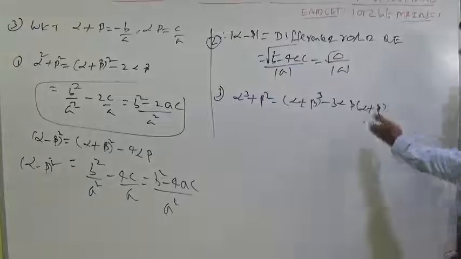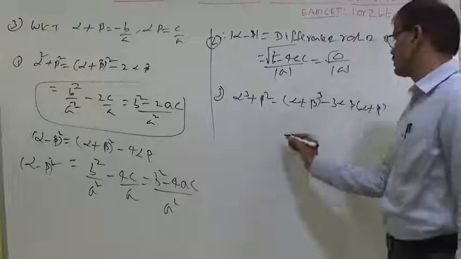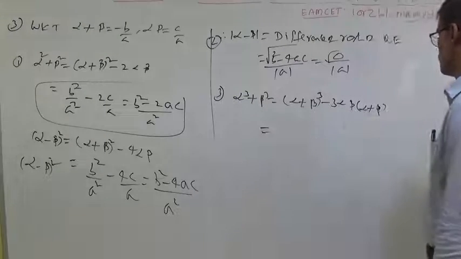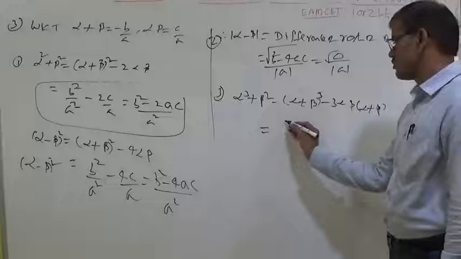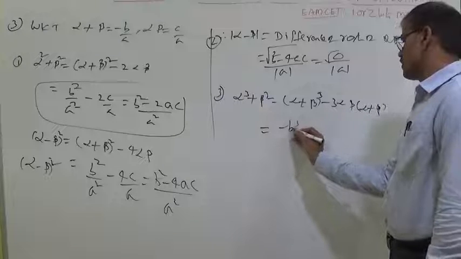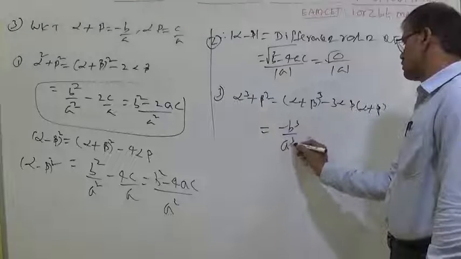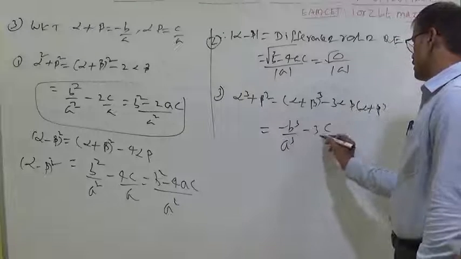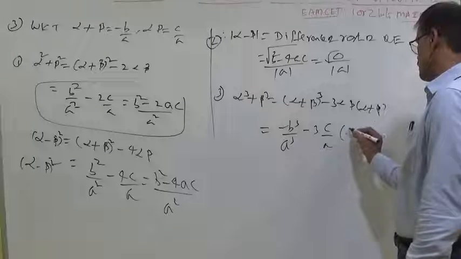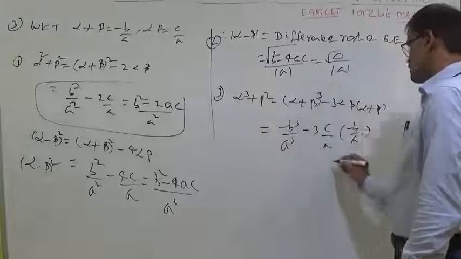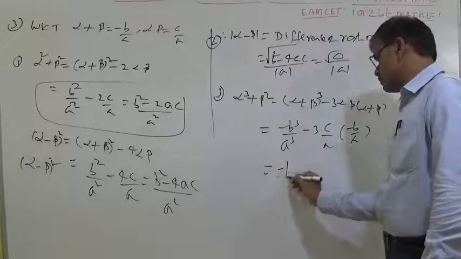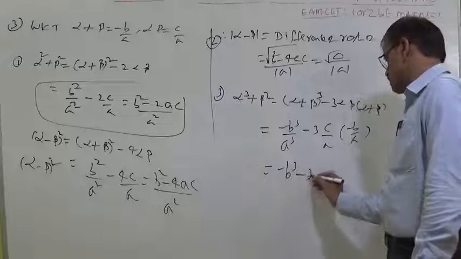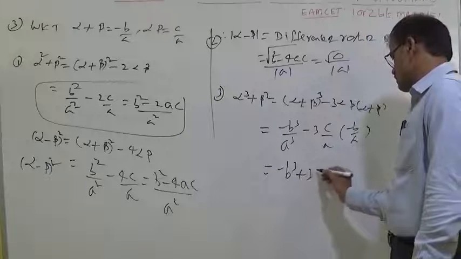A cube plus b cube is (a plus b) whole cube minus 3ab into (a plus b). What is a plus b here? You can write this as minus b cube by a cube, and here 3c by a into minus b by a.